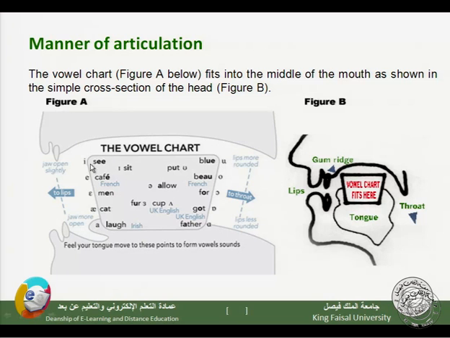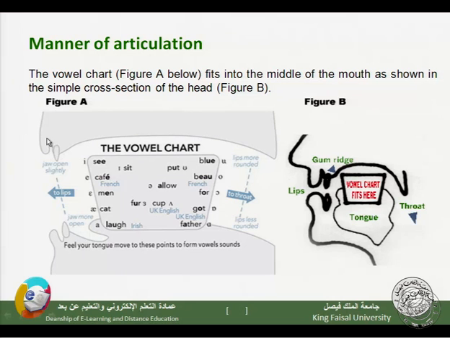So you have here the vowels. You can have a look at that in the form of a chart in your books, page 38. That's the chart concerning the vowels. This picture represents a mouth.